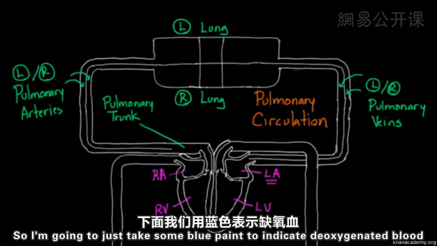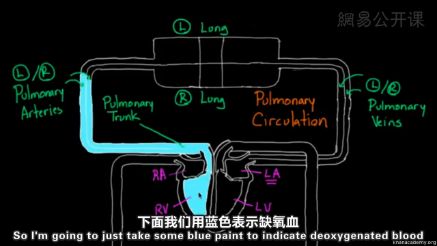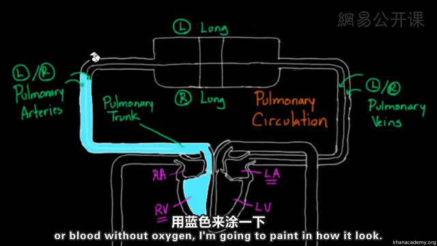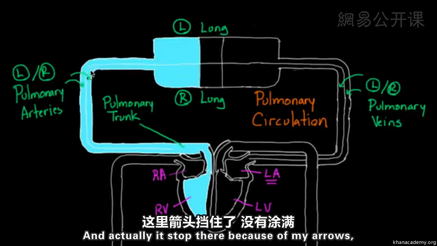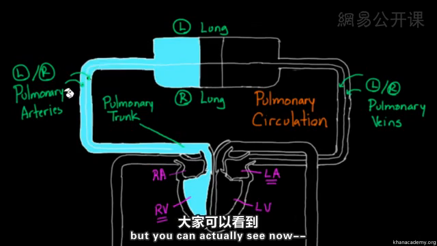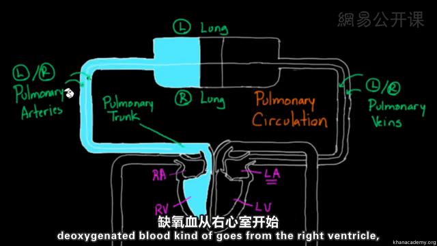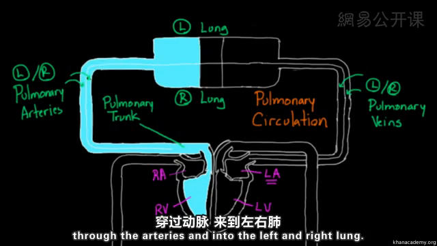So I'm going to take some blue paint to indicate deoxygenated blood, or blood without oxygen. I'm going to paint in how it would look. It stopped there because of my arrows, but you can see now the deoxygenated blood goes from the right ventricle through the pulmonary trunk, through the arteries, and into the left and right lung.